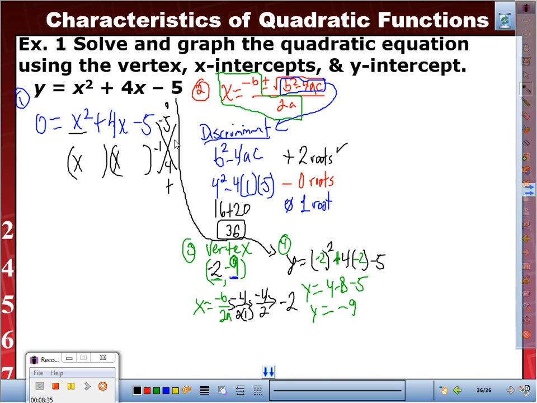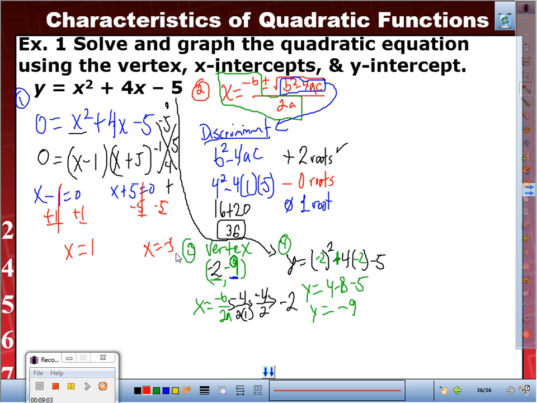Negative 1 and positive 5. So this is x minus 1, x plus 5, and all that equal to 0. At that point, we said each factor equal to 0, x minus 1 equal to 0, x plus 5 equal to 0. Let's solve. Therefore, this is plus 1, x equals 1, minus 5, x equals negative 5. So those are my solutions.